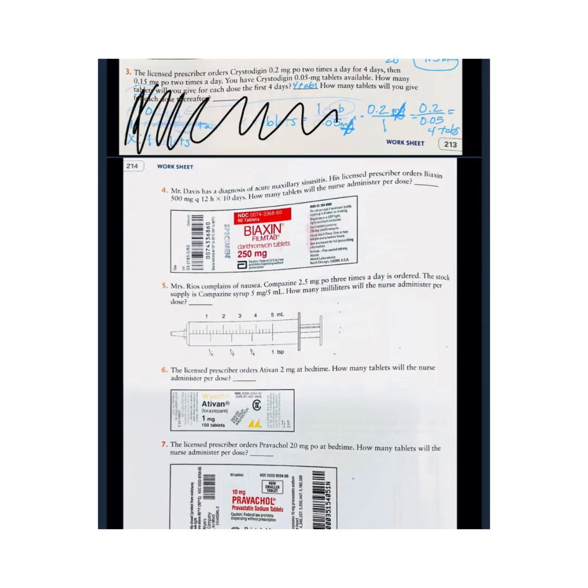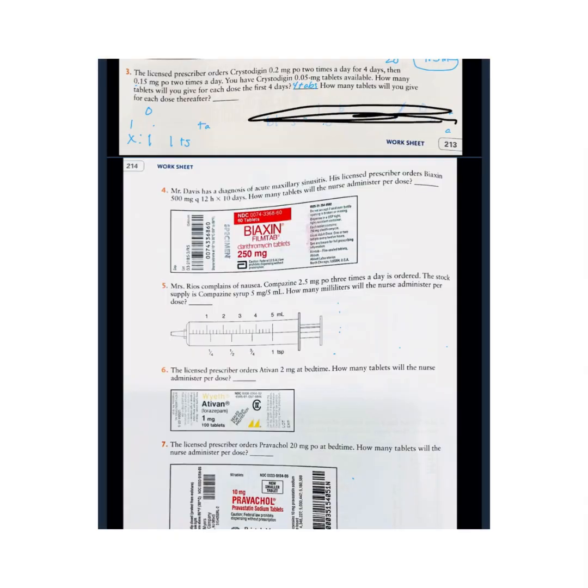Now let's see what we'll give thereafter, because the next question is saying, what will you give thereafter? My order, what I have on hand, my unit of measure. My new order is, I'm going to cross that out so it's not distracting me, 0.15 milligrams.